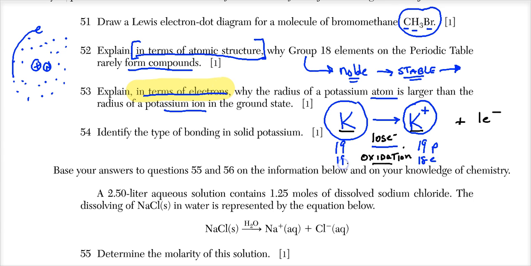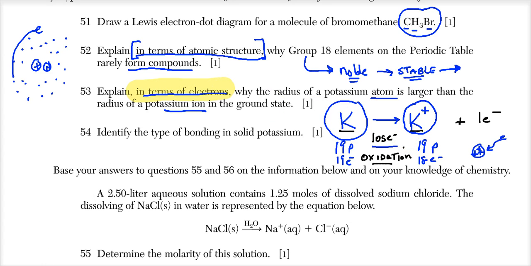So this atom here has the same number of electrons as protons. Here you lost an electron. So the protons outnumber the electrons, and if that's the case, the protons still there pull in the electrons, making it a little smaller. Bottom line, you lose weight, lose electrons, you get smaller.